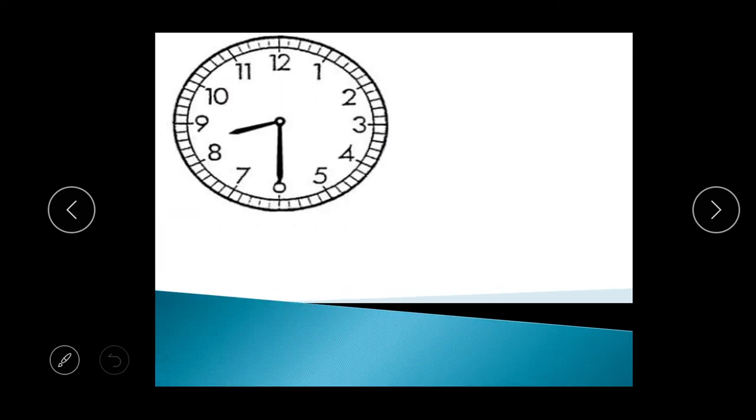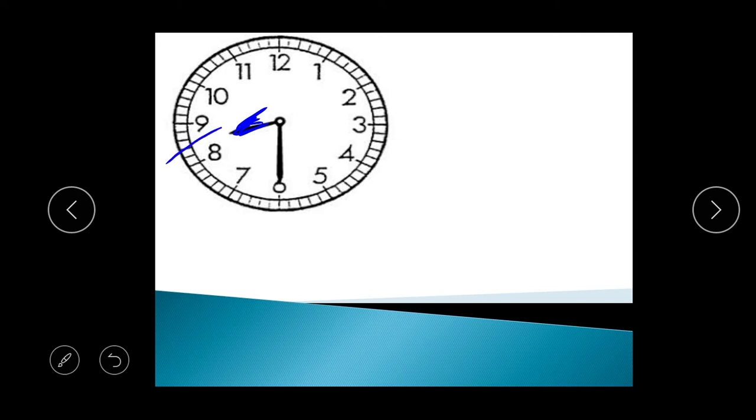Now let's see this. Yes, the long hand or the minute hand points at 6. That means it is half past. But half past what hour? It is half past the hour towards which the hour hand has moved halfway, or you can say it is half past the number that the hour hand is closer to. Now look at the hour hand. The hour hand is in between what? In between number 8 and number 9.